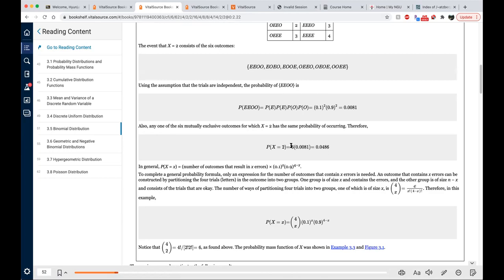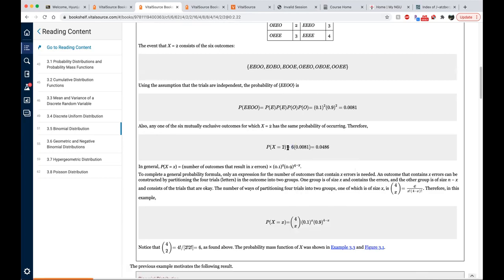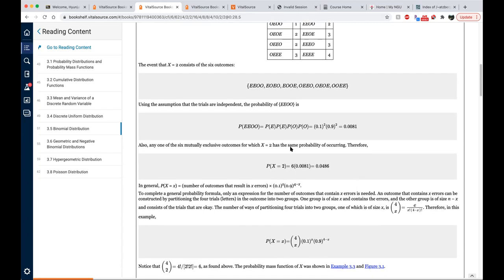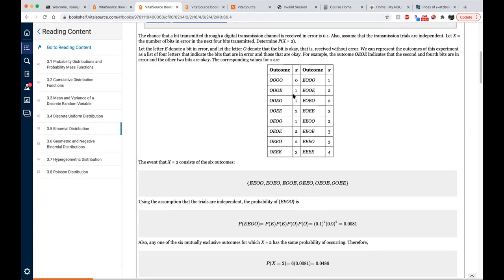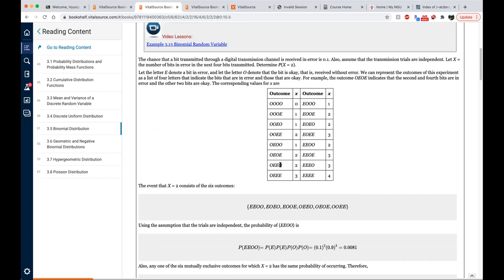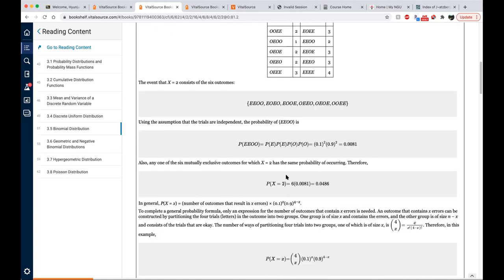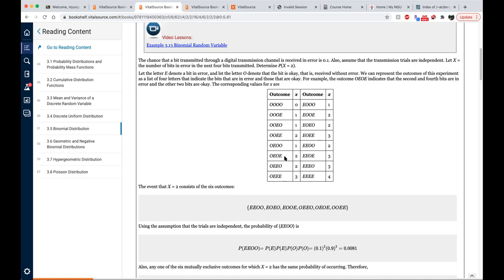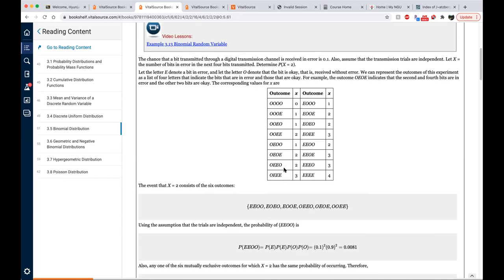Now how did we get the 6? We did it manually. We figured out all the possible outcomes, and then we found the outcomes containing two letter E. But actually, we can get 6 by doing 4C2.